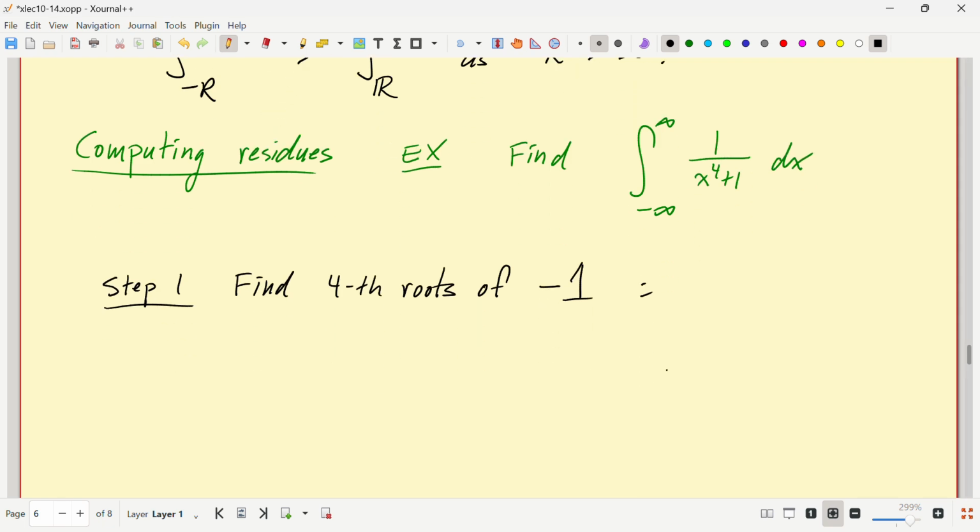It's something you probably learned how to do someplace a long time ago. They're e to the i pi over 4, e to the i 3 pi over 4. Those are in the upper half plane. And then the ones in the lower half plane are e to the i 5 pi over 4 and e to the i 7 pi over 4.